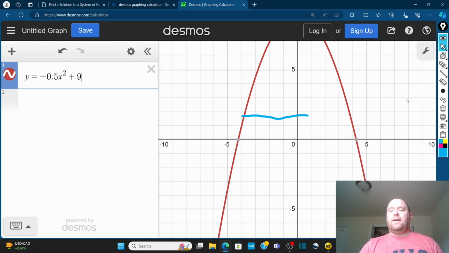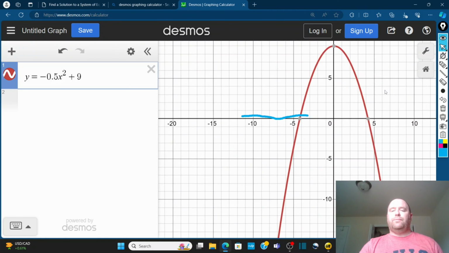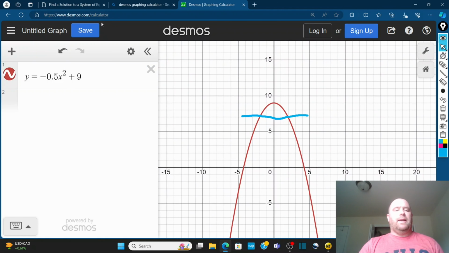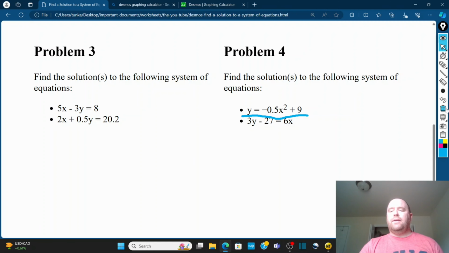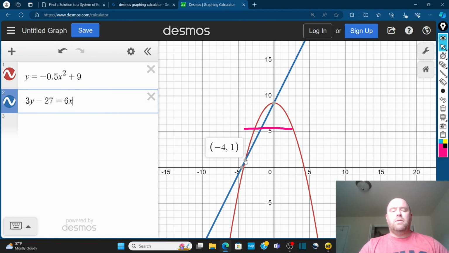And if I want to zoom out here, I can go back to the default viewport, or I can zoom out, okay? And then our next equation is 3y minus 27 equals 6x. So we get 2 points here.